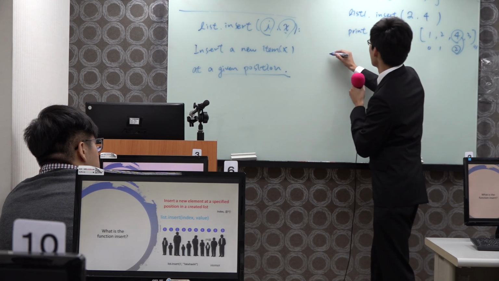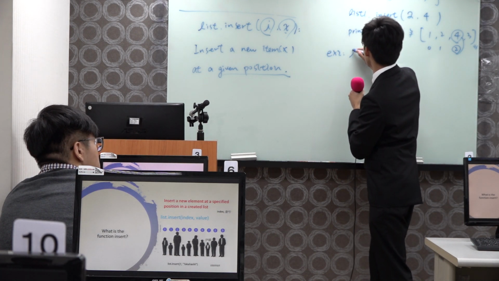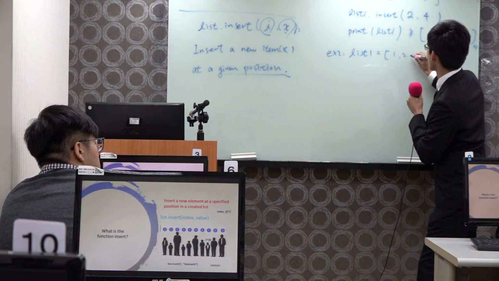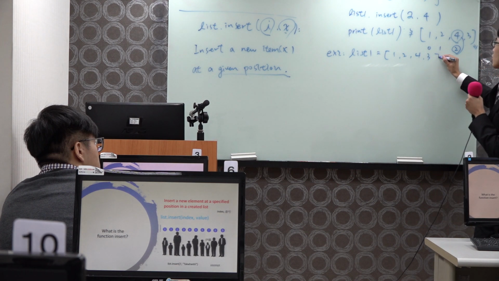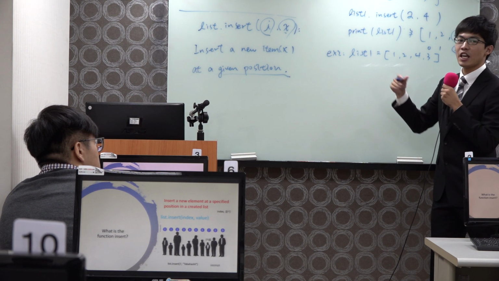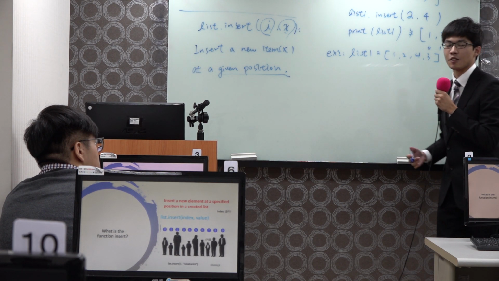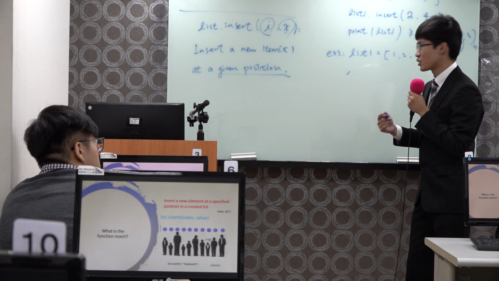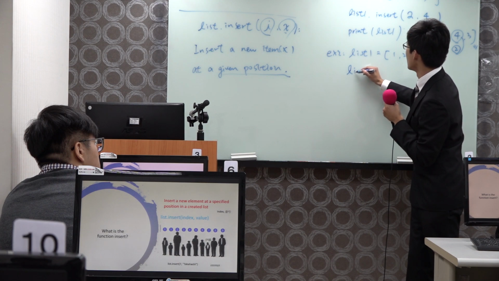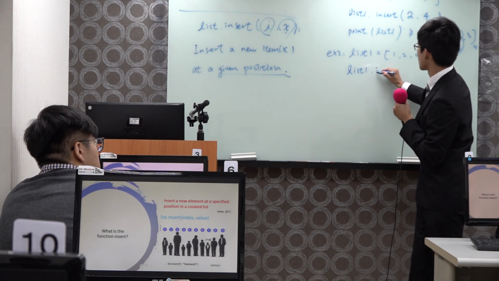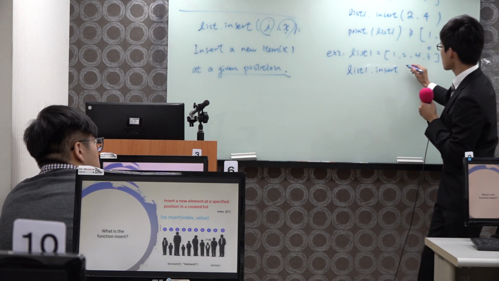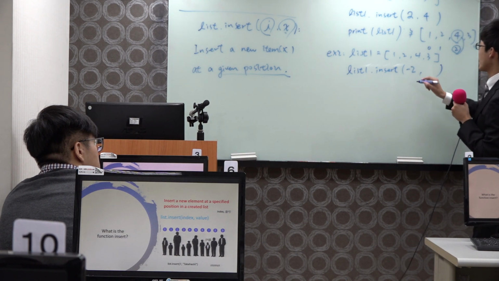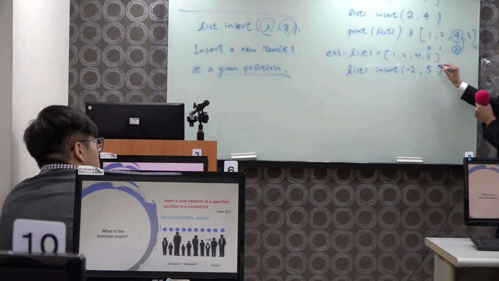Practice again. Now list1 equals 1, 2, 4, 3, right? Then I want to insert another item 5 at the index -2. So we can say list1.insert(-2, 5).